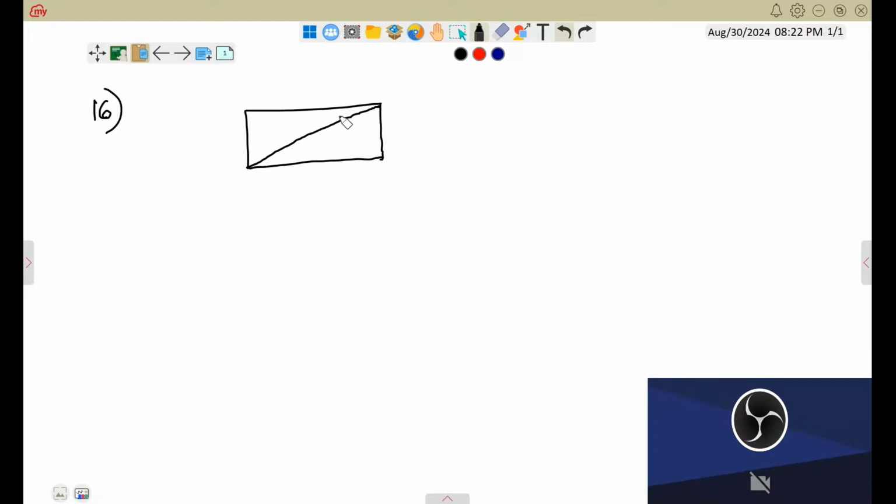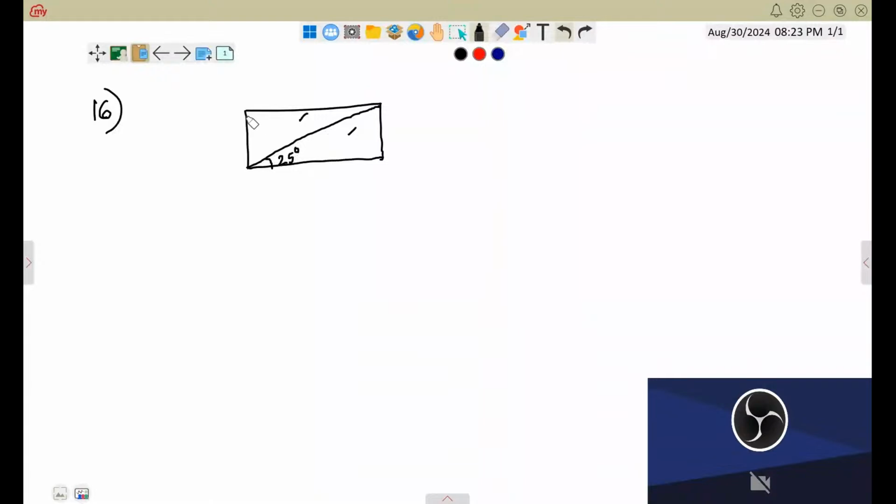It is inclined to one side of the rectangle at 25 degrees. If you observe, the rectangle is divided into two triangles. So one angle of this triangle is 25 degrees is given. And what is the acute angle between the two diagonals?